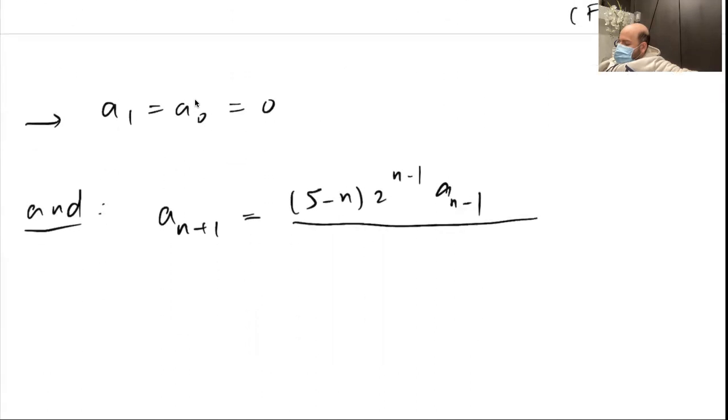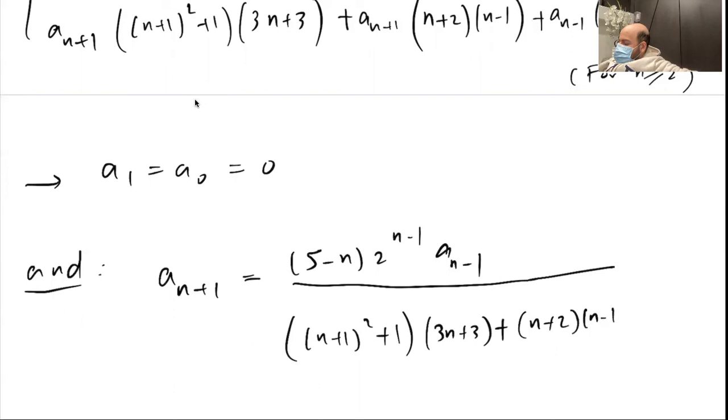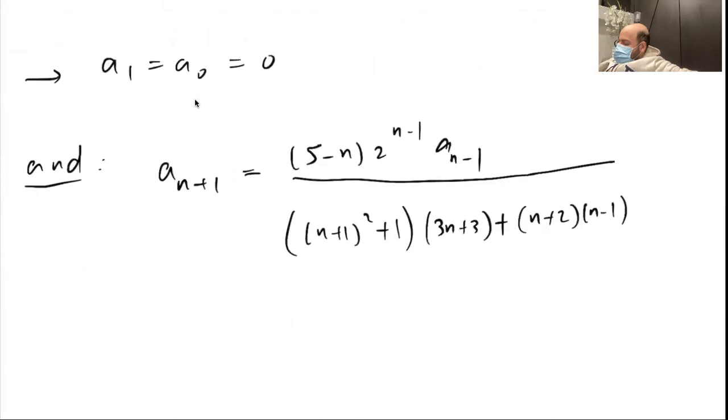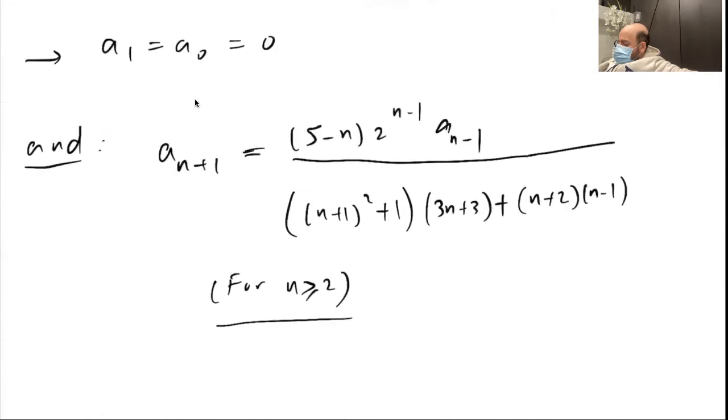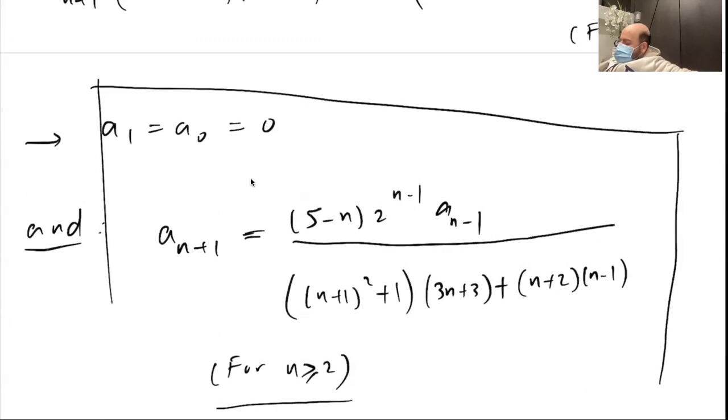So divided by n plus 1 squared plus 1 times 3n plus 3, plus n plus 2 times n minus 1. And this will be valid for n bigger than or equal to 2. So for n bigger than or equal to 2, this will be our recursive relation, and a1 and a0 have to be 0.